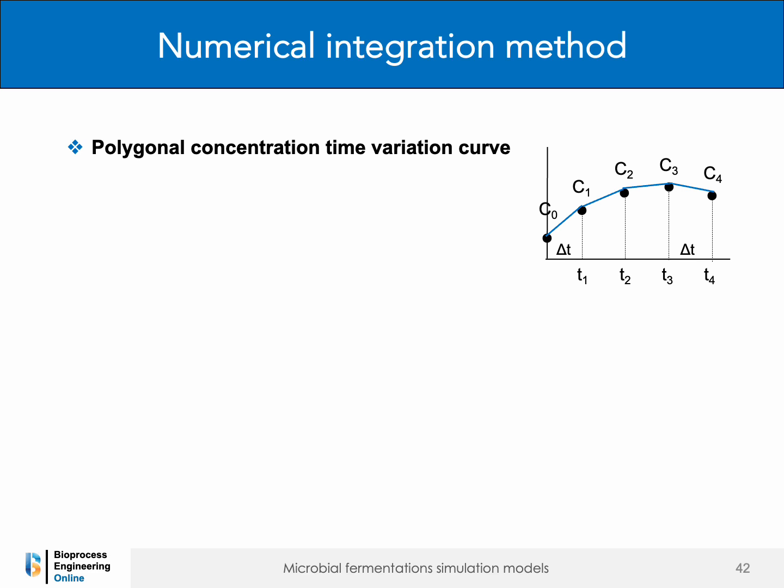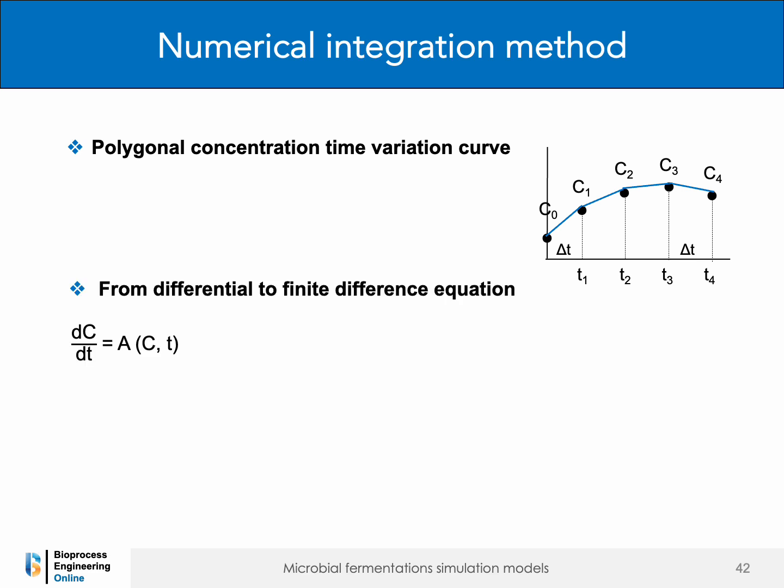Most of the model equations are differential equations that are integrated using a numerical method. The numerical integration approximates the actual solution curve by a polygonal curve made of successive points and straight-line segments. Let's consider the general differential equation describing the time variation of the concentration, dC over dt equals a function A of C and t.